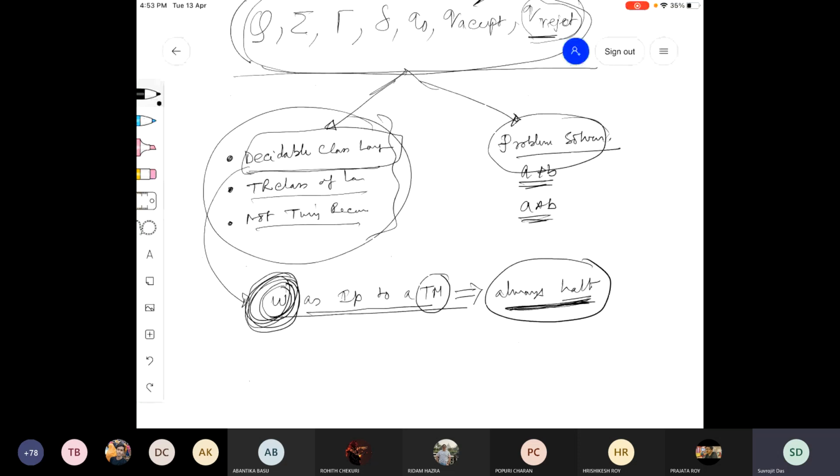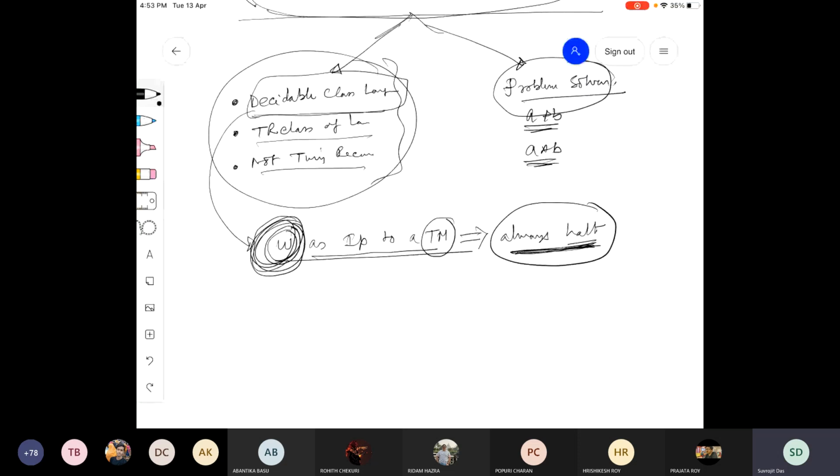To say it in another way, given a string as an input, the Turing machine will always halt. It means that if W is an element of that particular language, the Turing machine will accept via the accept state and halt.